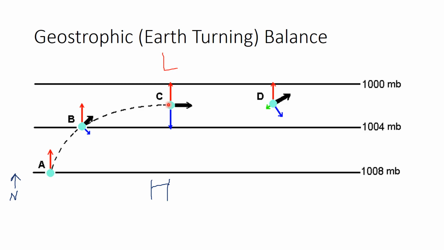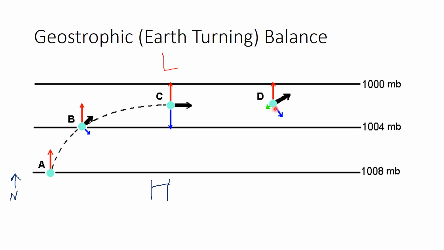The only thing that's going to change the speed of the particle is if the pressure gradient force weakens or strengthens, or if the particle is near the surface of the Earth. Now what happens is, here at point D, this actually demonstrates a particle near the surface of the Earth. The way that a particle near the surface of the Earth works is, you've got the pressure gradient force pulling the wind towards low pressure, you've got the Coriolis force pulling the wind to its right, but you also have friction pulling back on the wind.